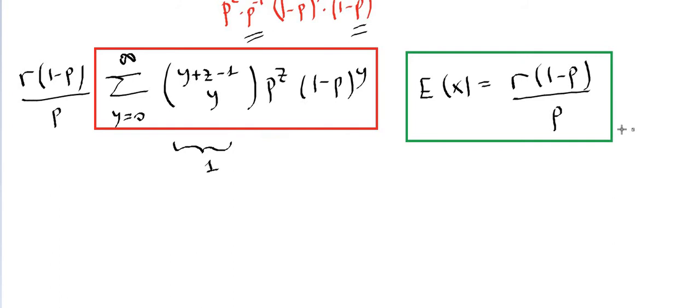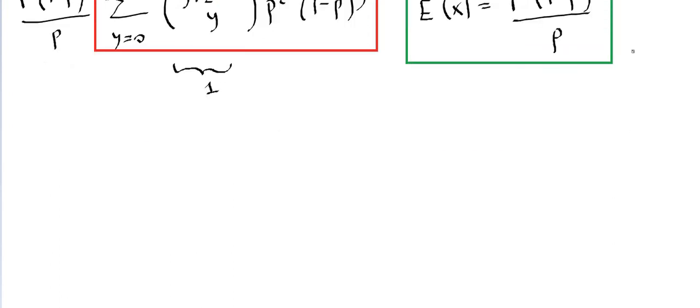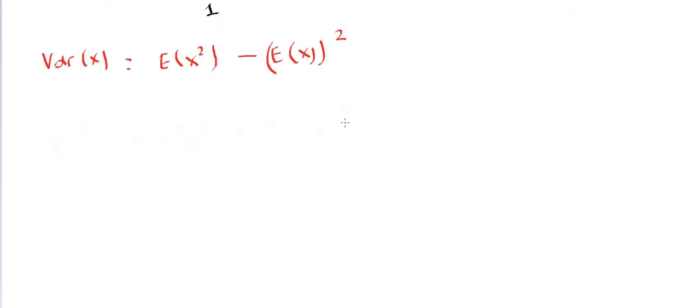Now we're going to derive the variance. We know that variance by definition is equal to the expectation of x squared minus the quantity expectation of x, squared. Here we're going to use expectation of x times (x minus 1) plus expectation of x instead of expectation of x squared. This expression is equal to that. Let's prove that.